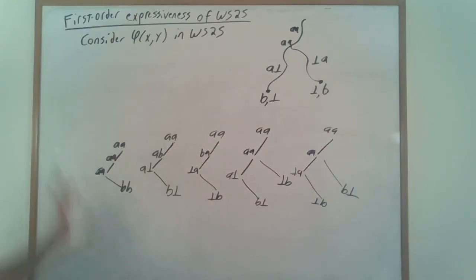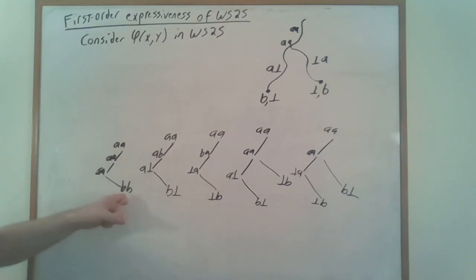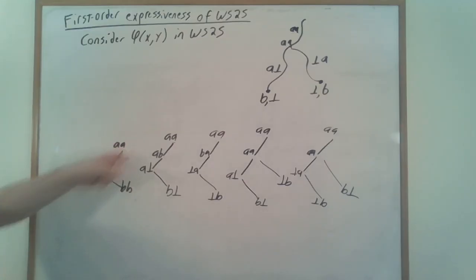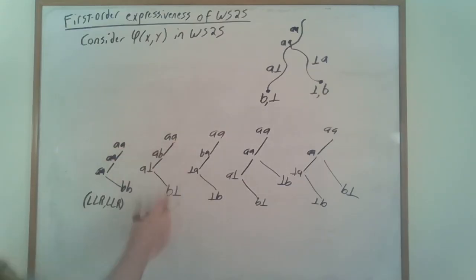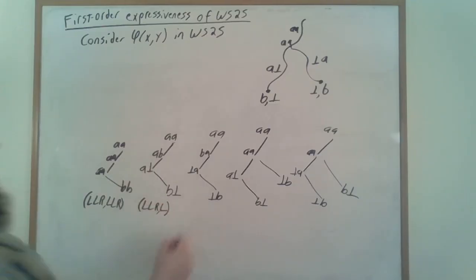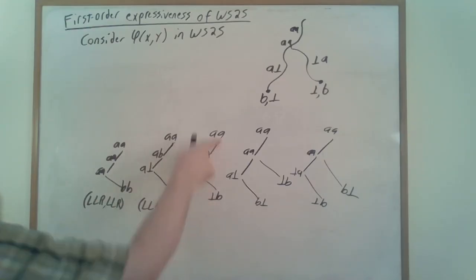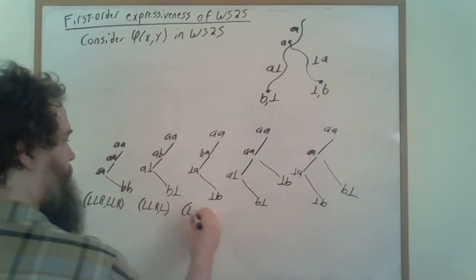Here are some possible concrete trees that might be encoding pairs x, y. This one encodes the pair where both of the b's are located at LLR. For this tree, the first b is located at LLR and the second b is located at L. For this tree here, the first b is located at L and then the second b is located at LLR.